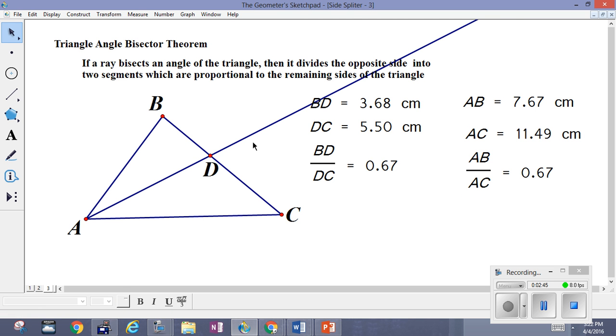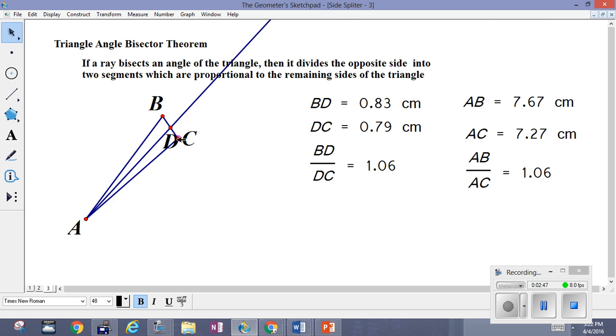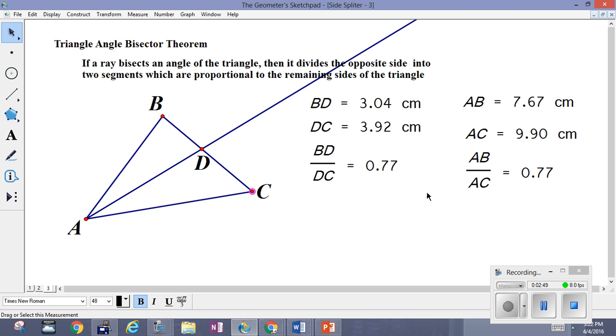You can see that's the same value regardless of how I manipulate this. Those two are the same. So I've got the ratio of the two pieces of the side that was formed by the angle bisector, and the ratio of those corresponding sides of the original triangle.